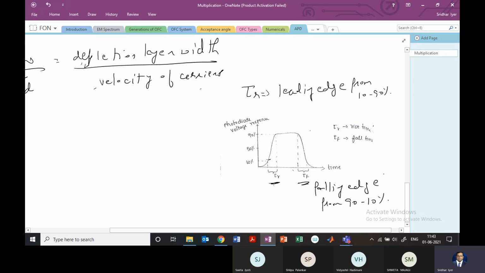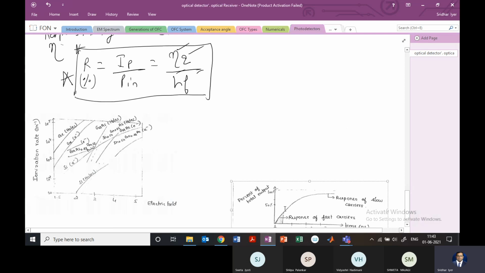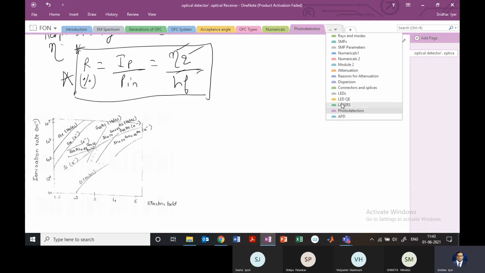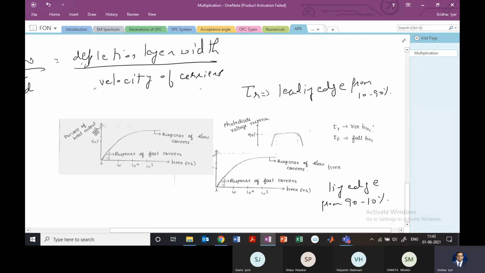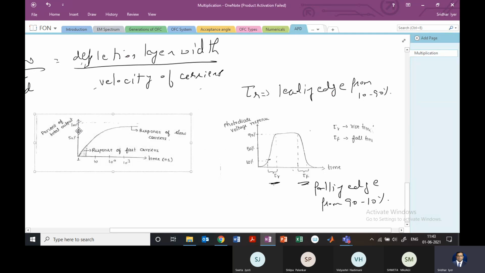The other kind of graph which we always see in electronic circuits with RC constants is this graph. So let me show you that. So you have percent of total output, and the response of the fast carriers and the response of the slow carriers.